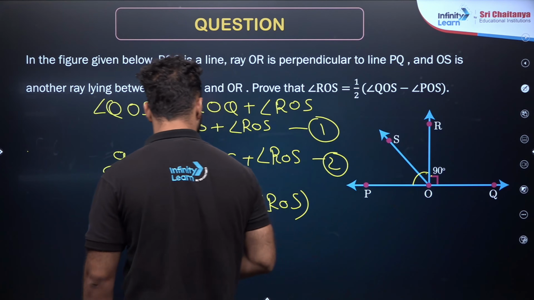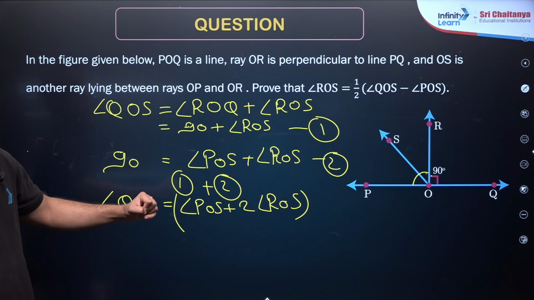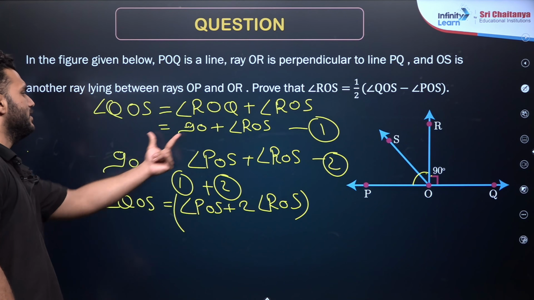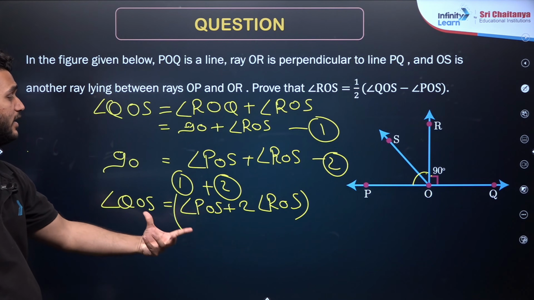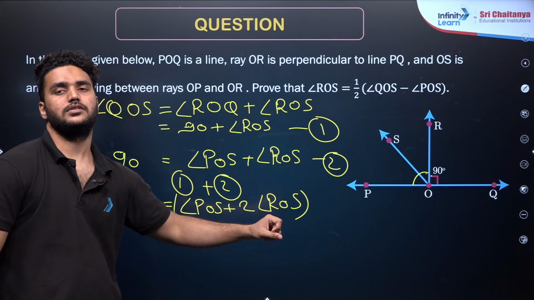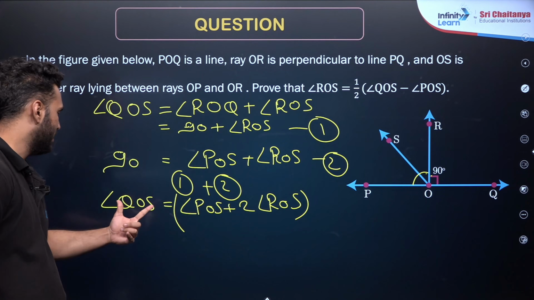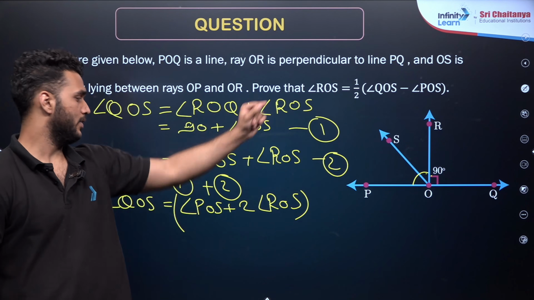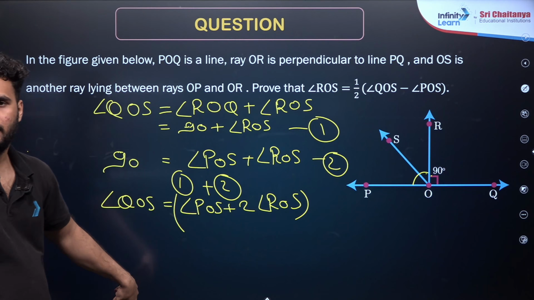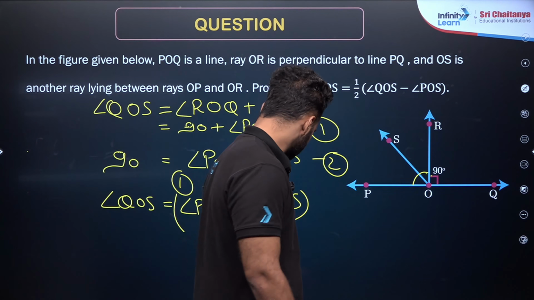Where is the 90? This 90 and this 90 will get cut, and you will get this equation. Now simplify this equation and try to find out ROS. You send POS to that side, it becomes negative, and you get QOS minus POS. And you send the 2 into the divide part. Then you will get this value. Any doubt in this question, anyone?